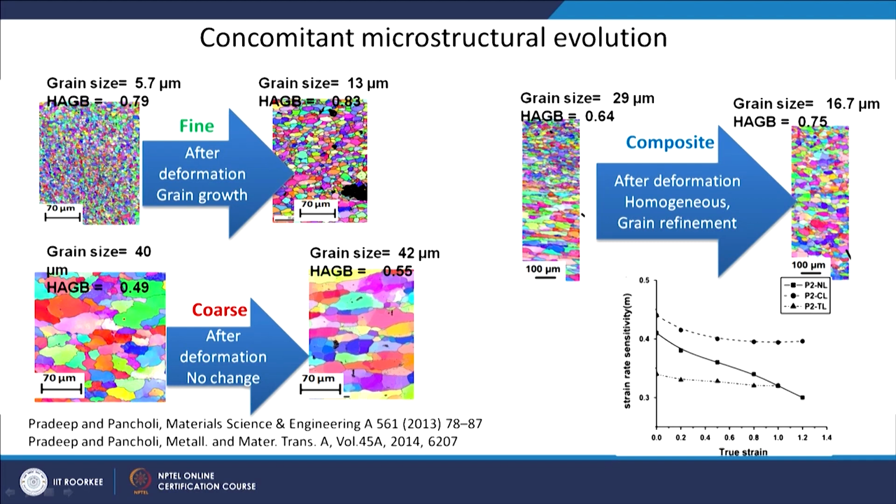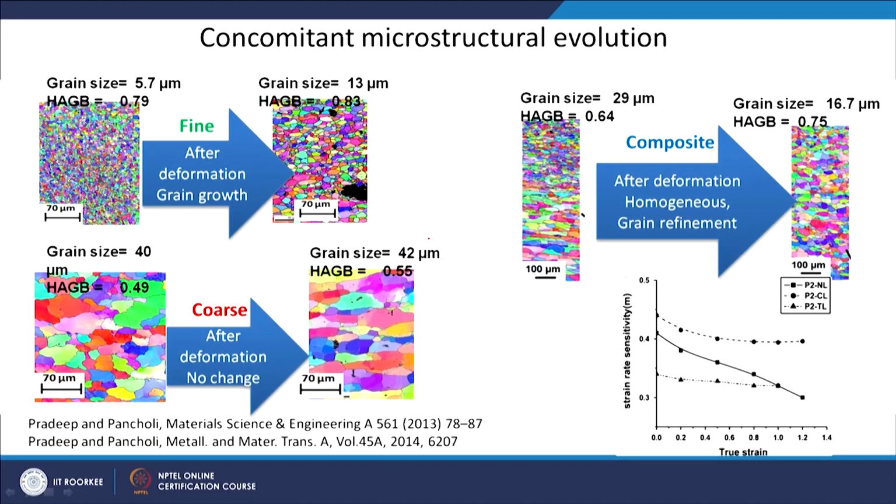If you see the coarse grain part of the FSP material, okay, after deformation also it remains coarse. Okay. There is no dynamic recrystallization happening. Okay. Coarse microstructure remains coarse, so grain size is 40 micron and still it is 40 micron after deformation. So, there is not much change in the microstructure, okay, and of course, ductility is also very low.